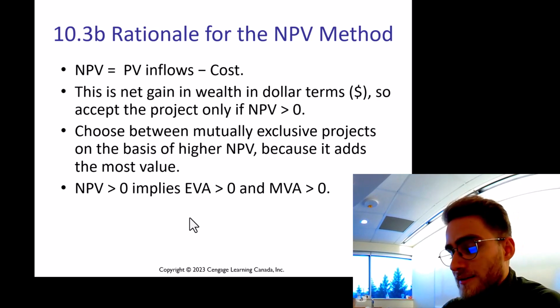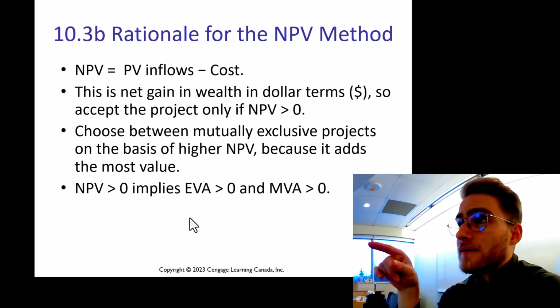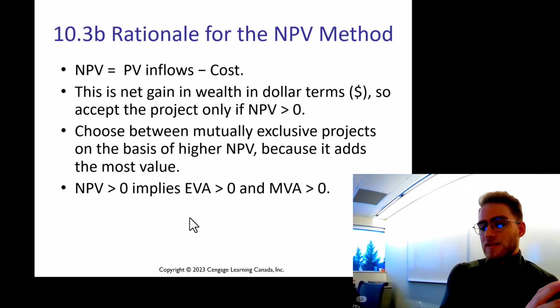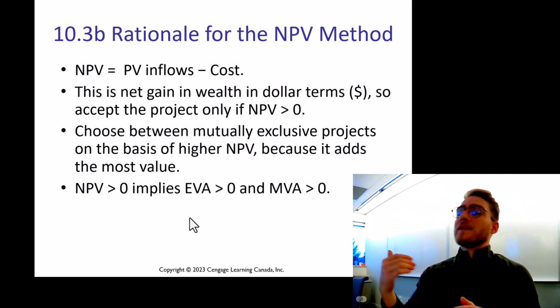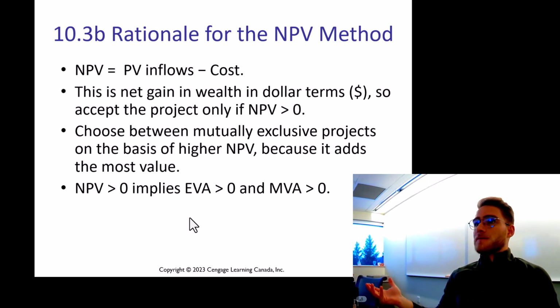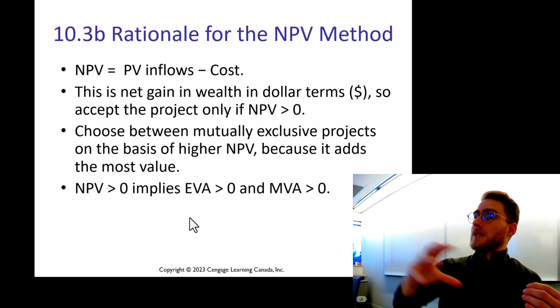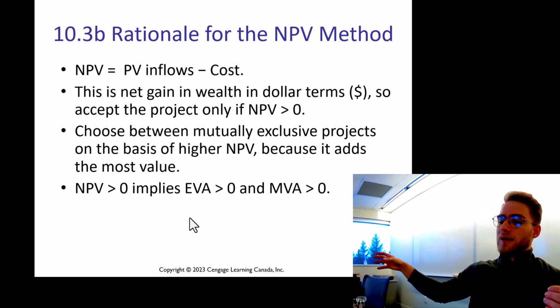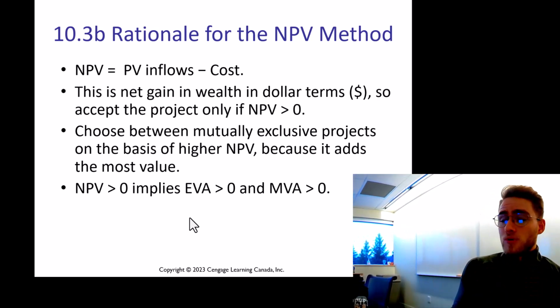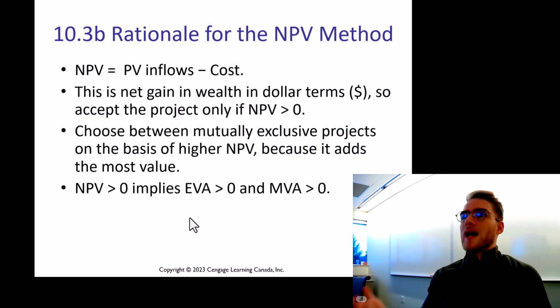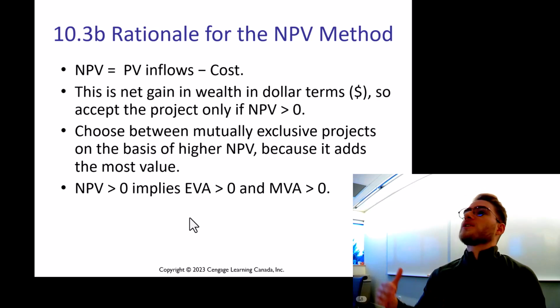So you want to accept the project if the NPV is above zero, because that means it provides positive value to the firm. Now, if the NPV is, say, negative $50, that means investing in this project, in relation to the cash flows it generates, would actually lose value, right? So you might be generating, say, 9.5% return, but it's going to cost you 10%.